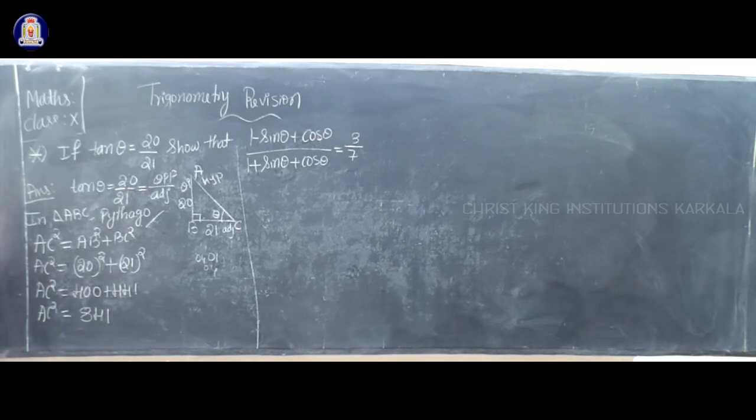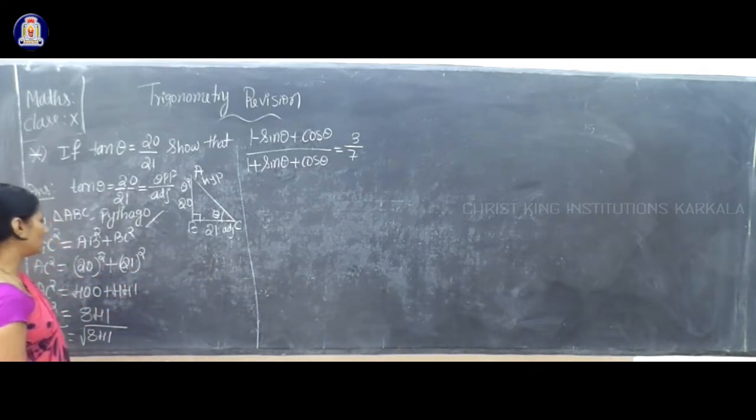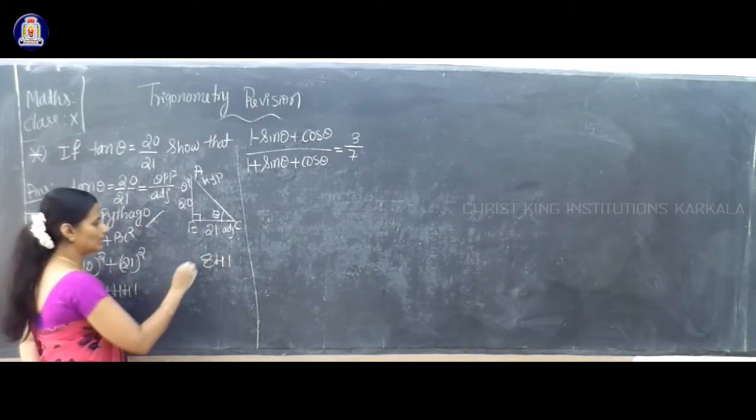So now how to take the square root of 841? Square root of AC square is equal to square root of 841. Is this a perfect square number? We'll see. In 9th class you studied how to take the square root.